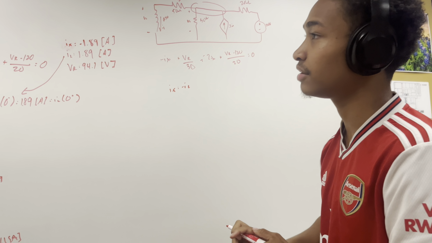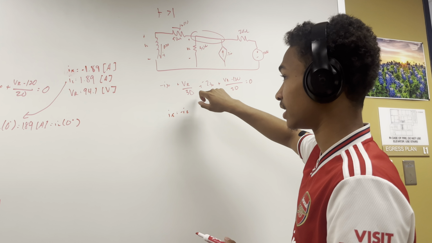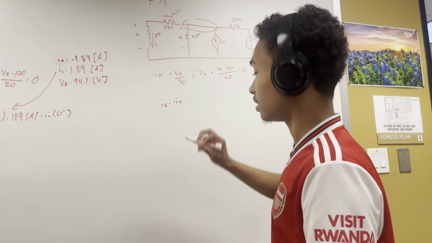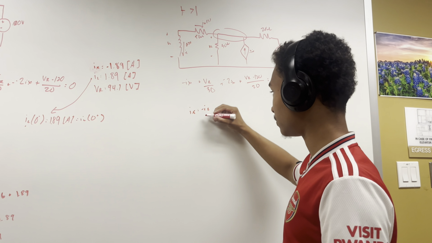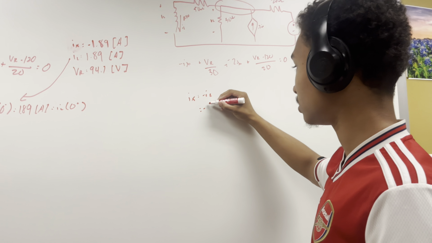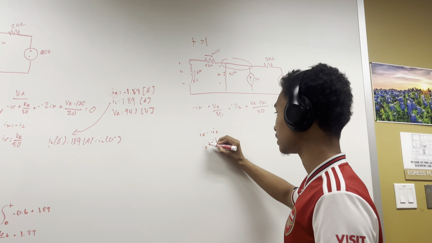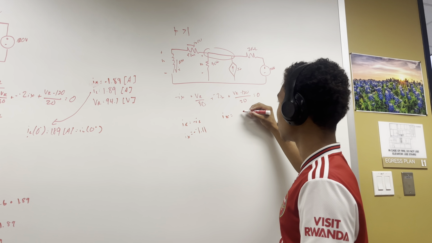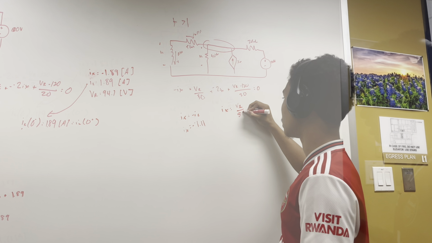Since we are looking for the voltage across our resistance right after 1 second, we have our IL at 1 second because we found it here. So Ix is that value. And we also have that Ix equals negative VR over 50.